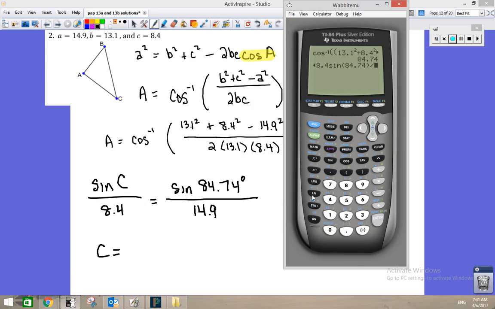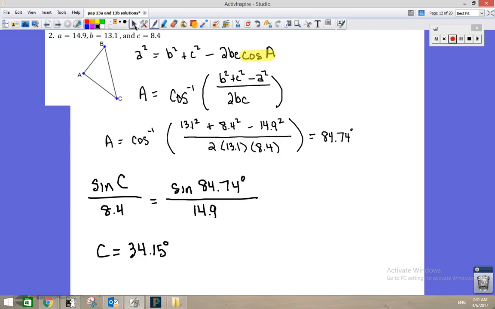Don't forget to close that parenthesis, divided by 14.9. And we're getting an angle of 34.15. Now, the last angle is the easiest because they have to add up to 180.